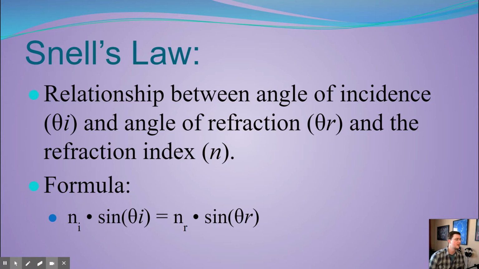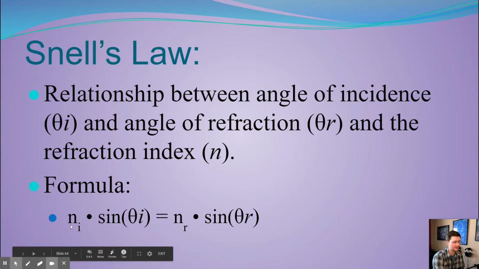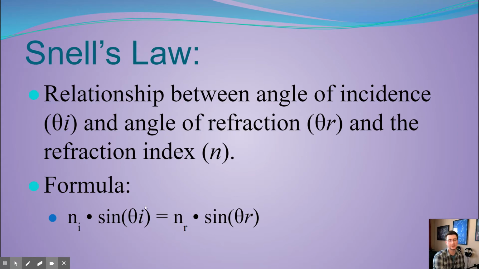So we have our n_i. This n_i is the index of refraction for our first medium. This sine theta_i is that original angle. Then we have n_r, which is our new index of refraction, whatever it is for the second medium. And that sine theta_r is the new angle that we get.